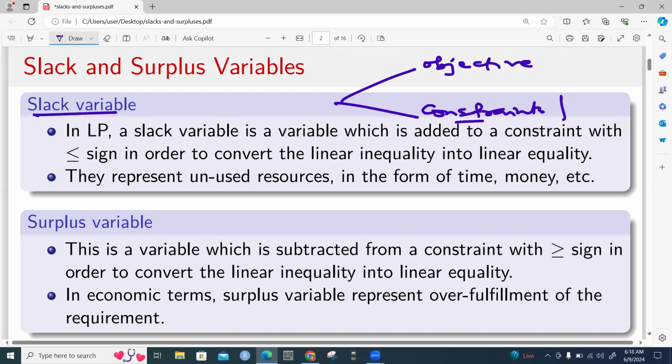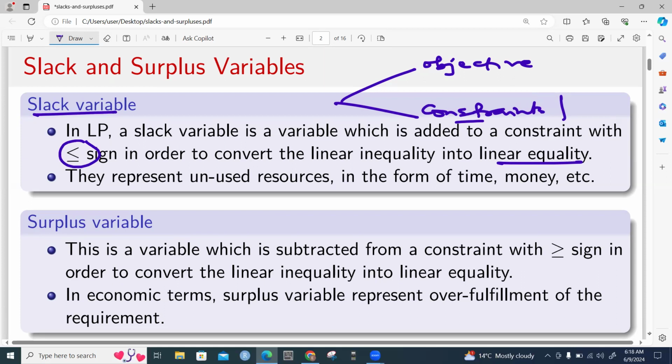So a slack variable is that variable that is added to the constraint, particularly the constraint that has the inequality sign of less than or equal to, so as to convert it into an equation or an equality. What this means in economic terms is that, remember, most of these constraints are usually resource constraints.